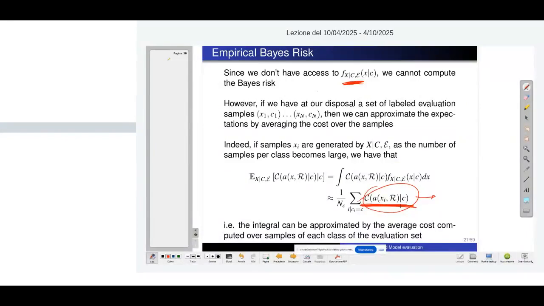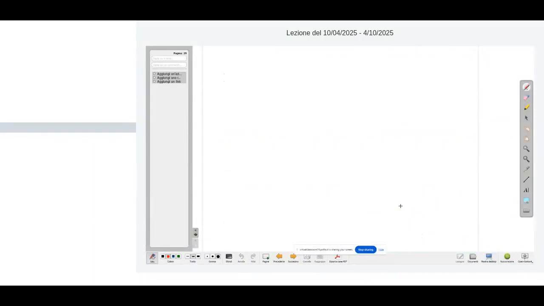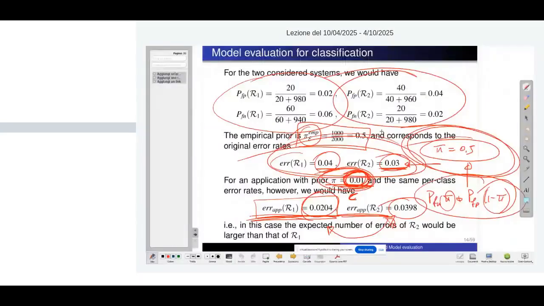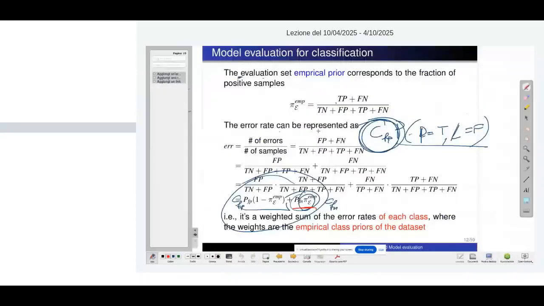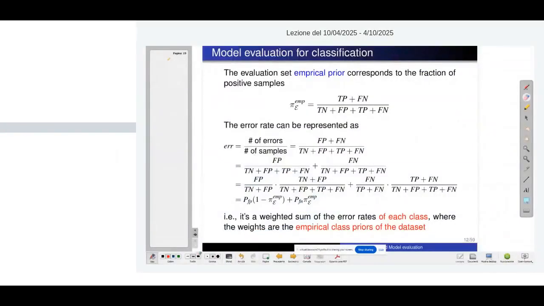Remember that when we were doing it intuitively, we said we compute the per class error rate, and then we weight these per class error rates by the empirical prior.